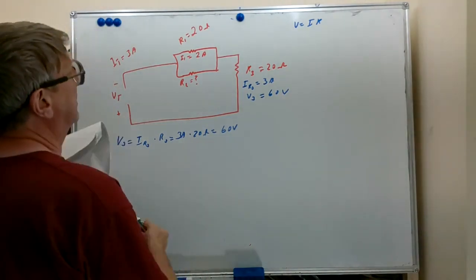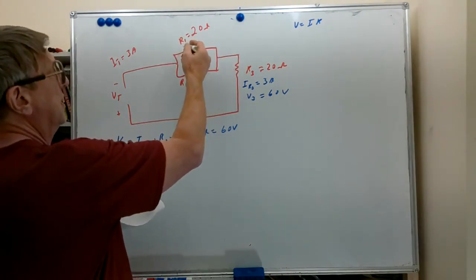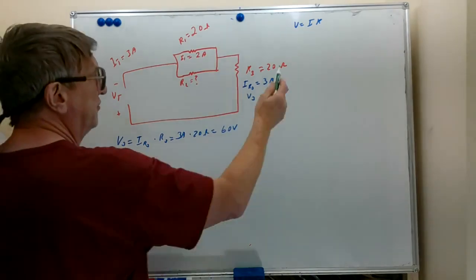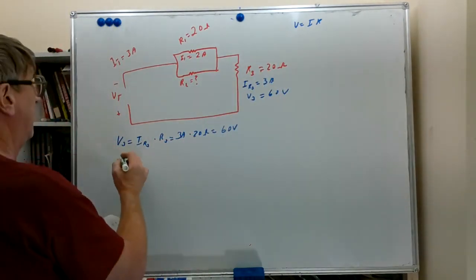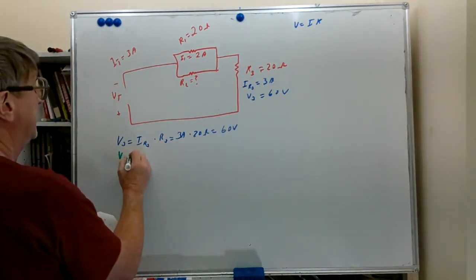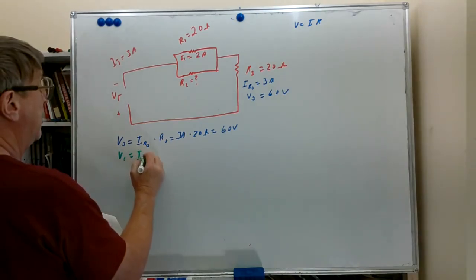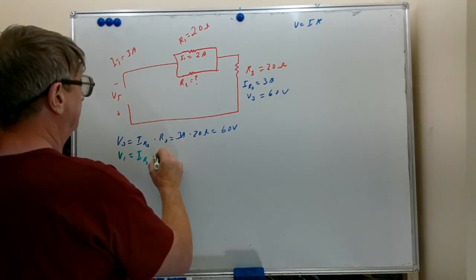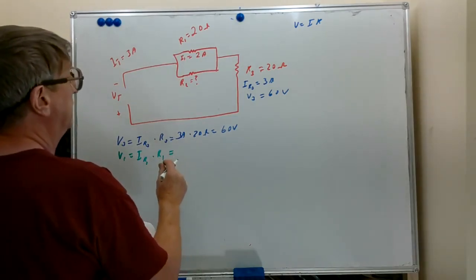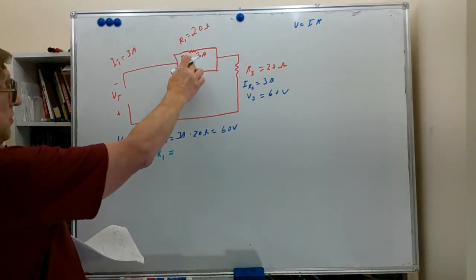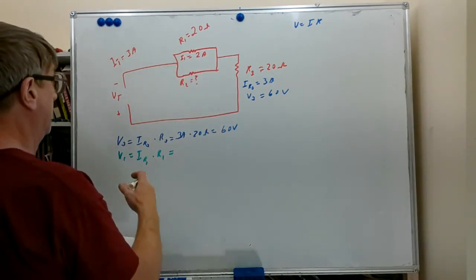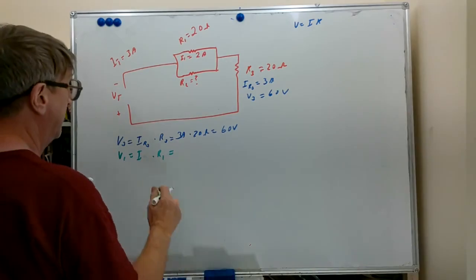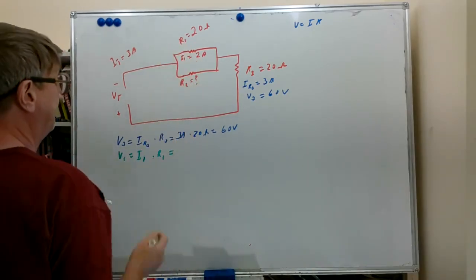Now let's calculate V1, the voltage across resistor 1. We're going to use the same formula, V equals IR. V1 equals IR1, the current through R1, times R1. Well, we were given the current through R1, which we could call I1 as well, but for consistency I'll call it I1, since that's what we called it up here.